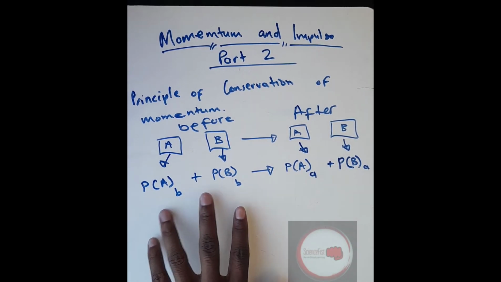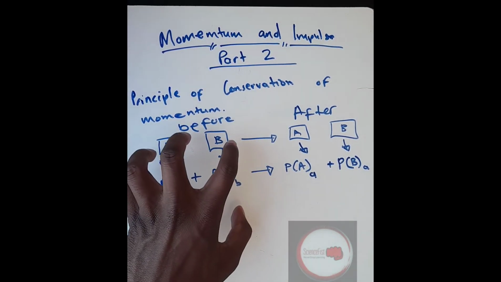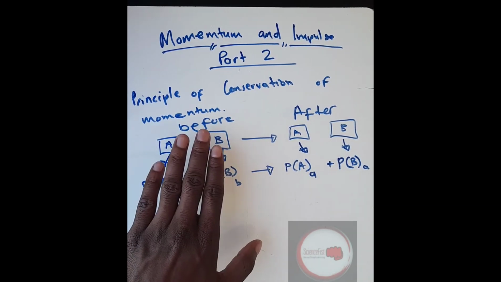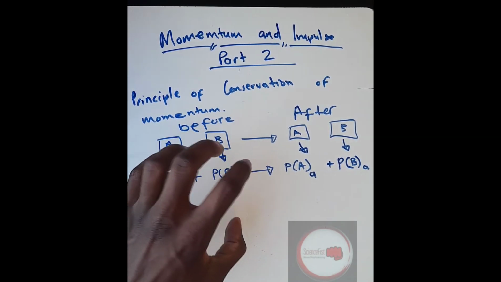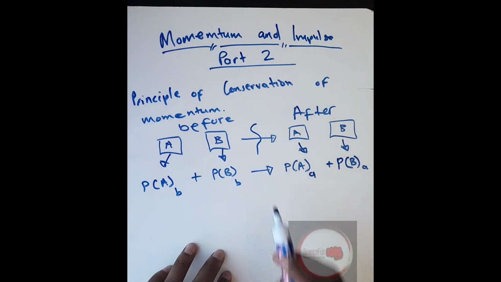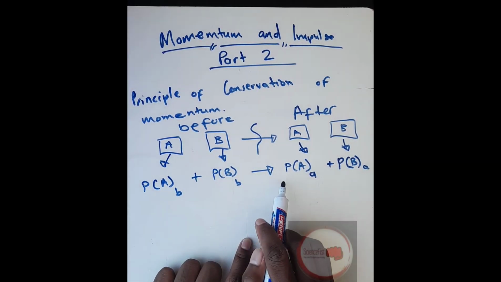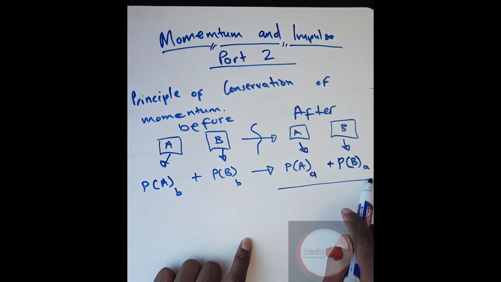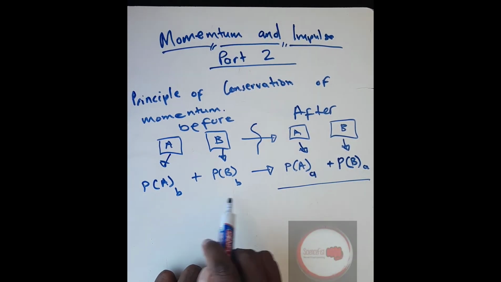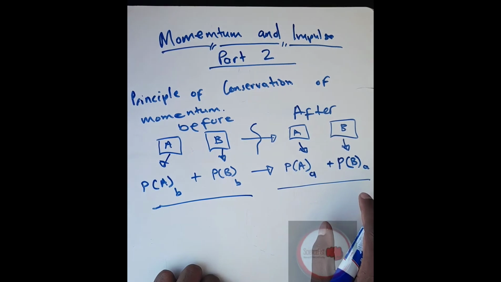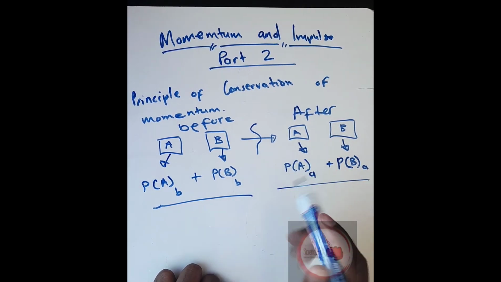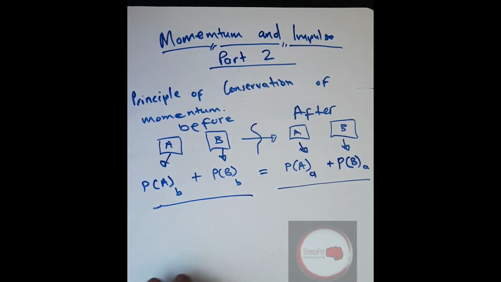So this is the momentum before of the system, because now it becomes a system, it's two things coming into collision, and then whatever happens. And this is the total momentum afterwards. Total momentum before, total momentum afterwards, they have to be equal. So now I can go on and put my equal sign there, okay?